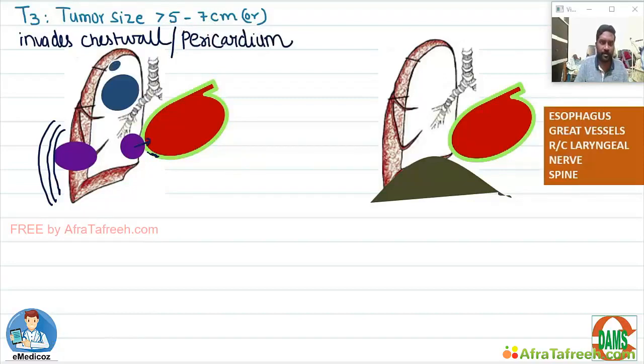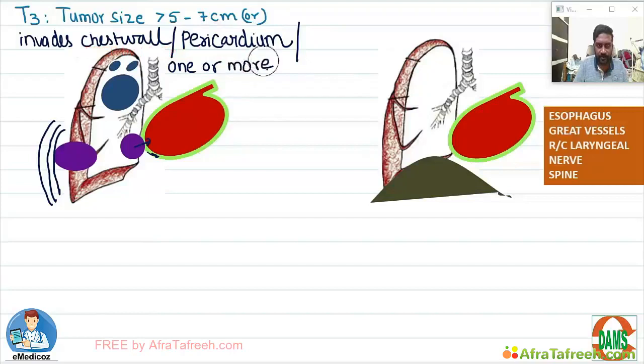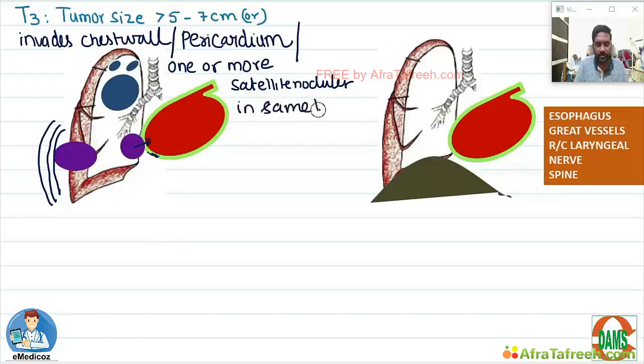Or within the same lobe, one or more satellite nodules. So see the important features.